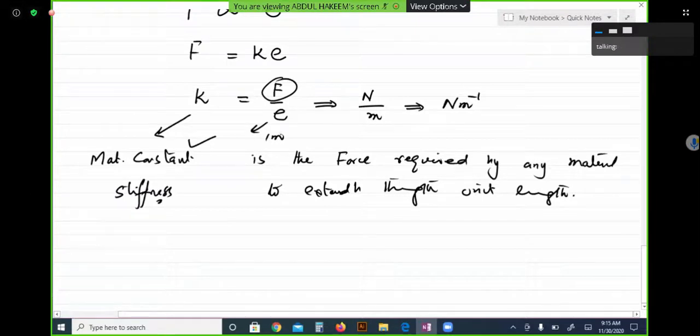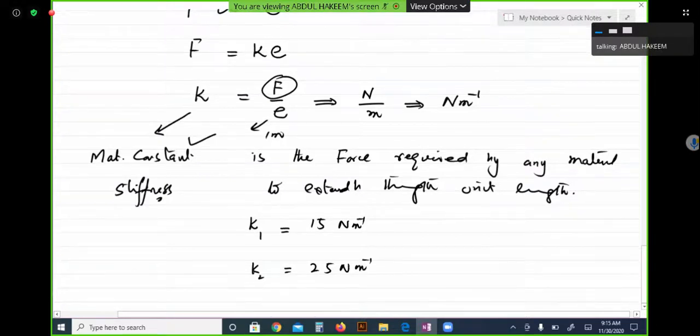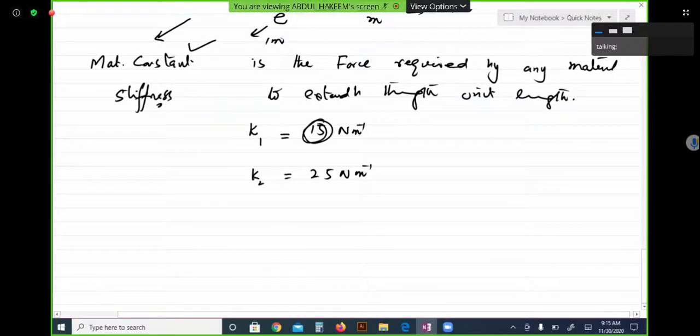Look, if the first material has K1 15 Newton per meter, and the second material has material constant 25 Newton per meter, it means the first one requires 15 Newton for 1 meter extension, and the other requires 25 Newton for the same extension.